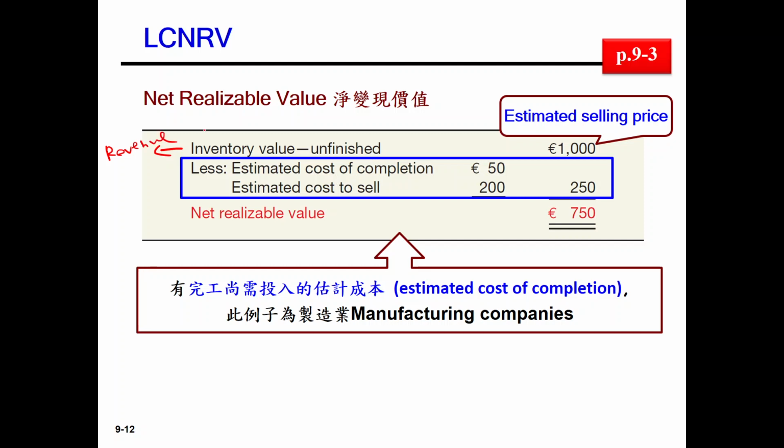But nothing for free. You have to consider, in order to earn the revenue, what kind of expenses incur, right? So estimated cost of completion when we talk about work in process. If your company is a manufacturing company, we talk about work in process. Also, we have estimated cost to sell, like what?